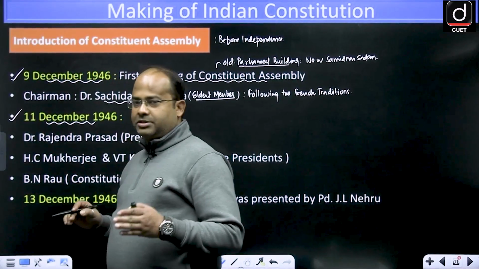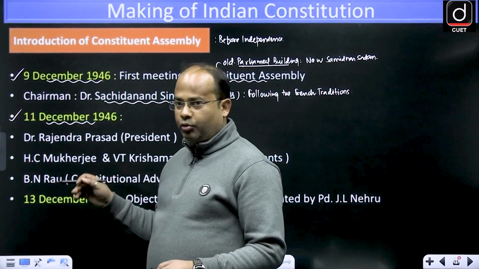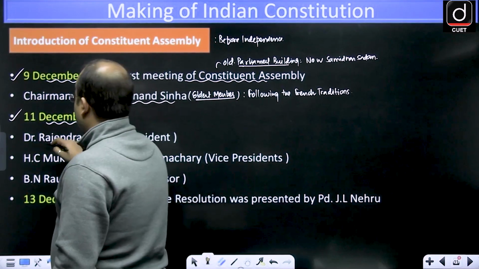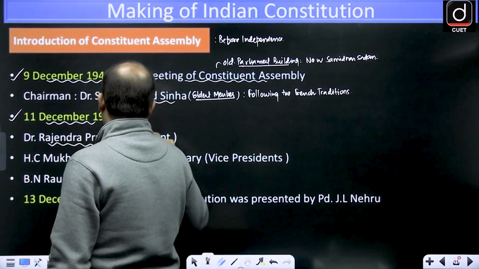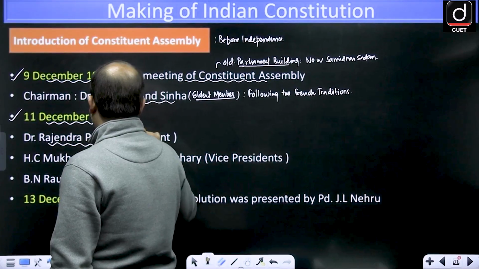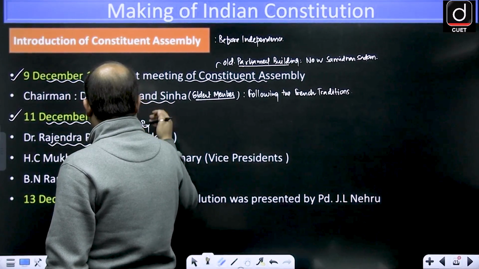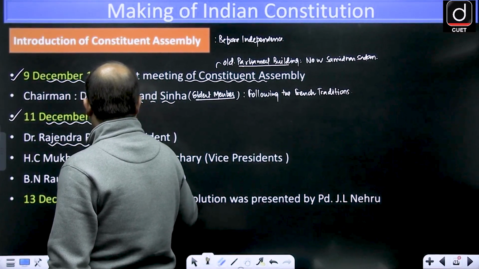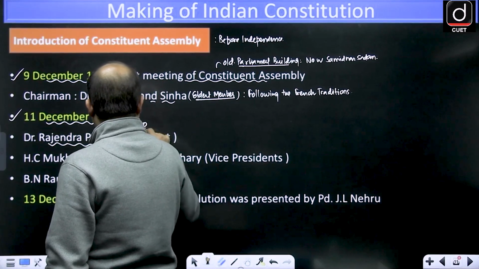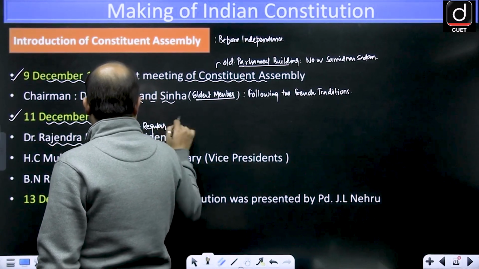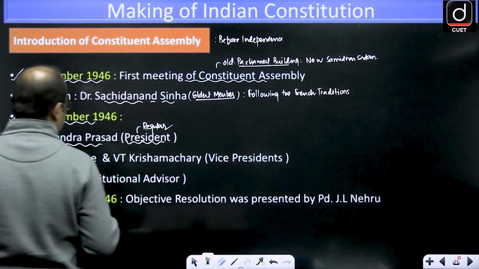In this meeting, the Constituent Assembly chose their regular chairman, and the regular president became Dr. Rajendra Prasad.